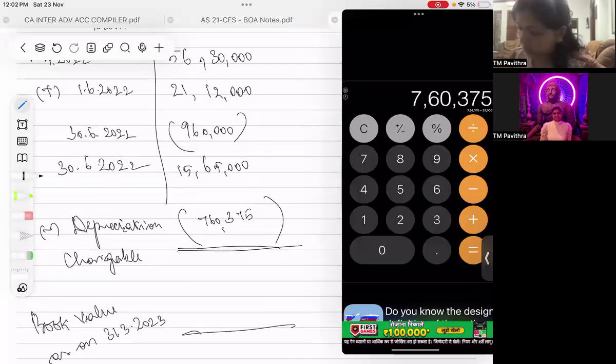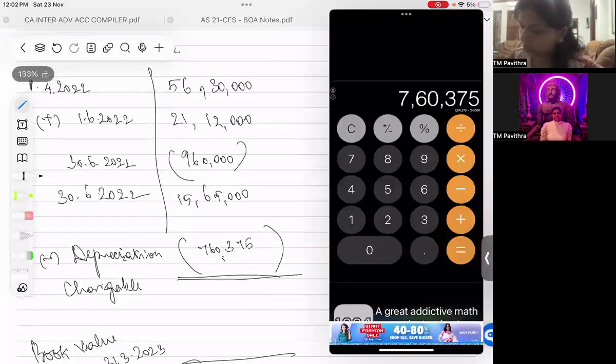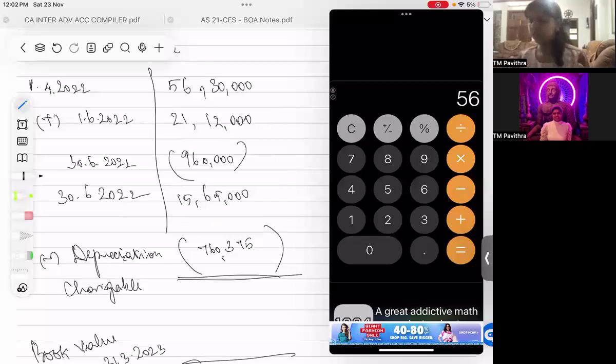Now it's time for us to present the answer for the book value of the machinery. So we had initially 56 lakh and 30,000. We had a new addition which was wrongly added to the value of inventory. So it is 21 lakh 12,000. We are selling off machinery worth rupees 9 lakh 60,000.